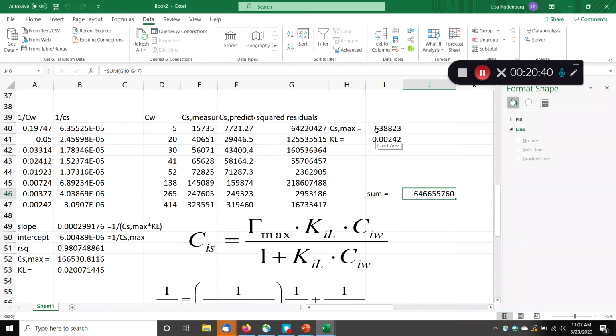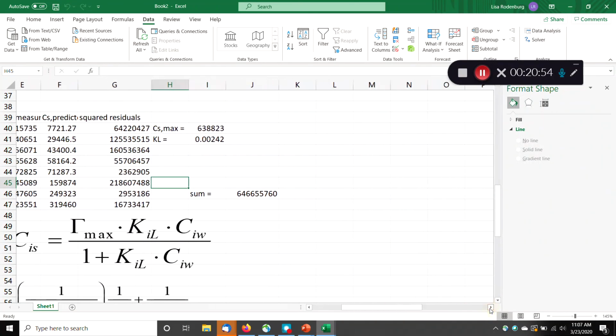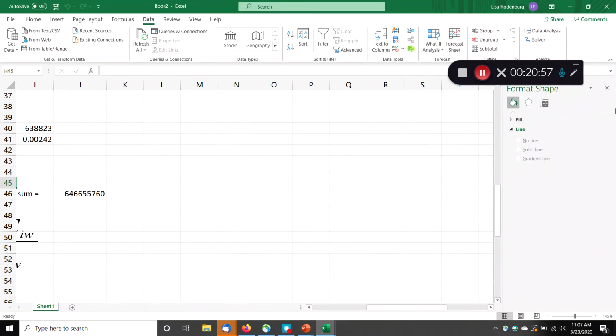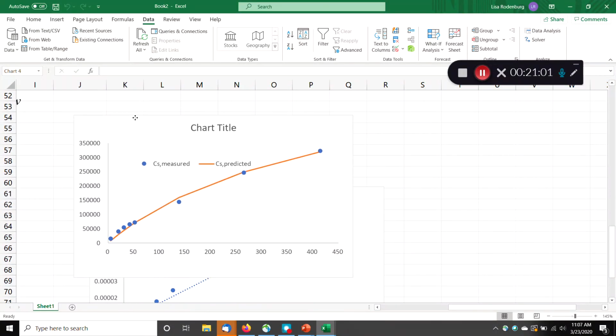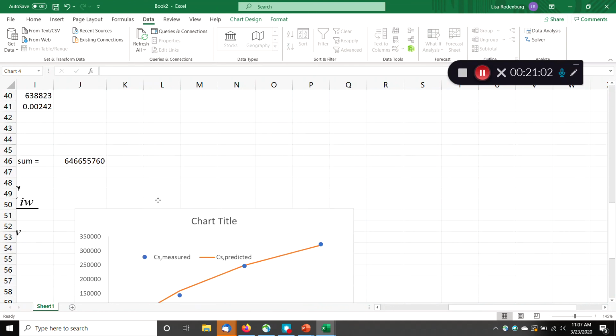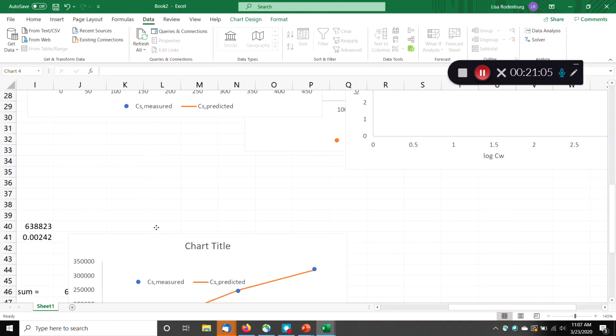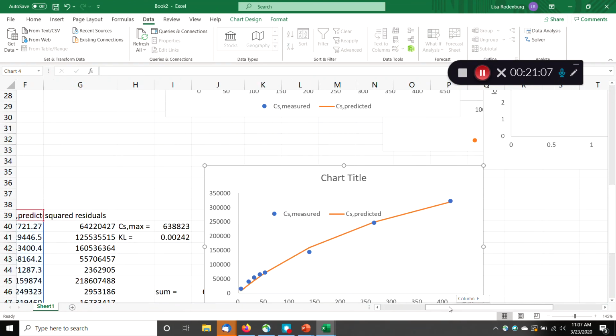And notice that my numbers are quite different now. I started out at 166,530 and I'm at 638,823. It's very different. My KL also changed by an order of magnitude. So now let's go back to our plot. Here it is. Now our difference between our measured and our predicted is much, much better.